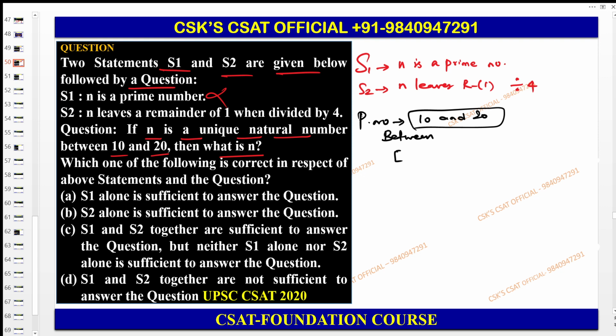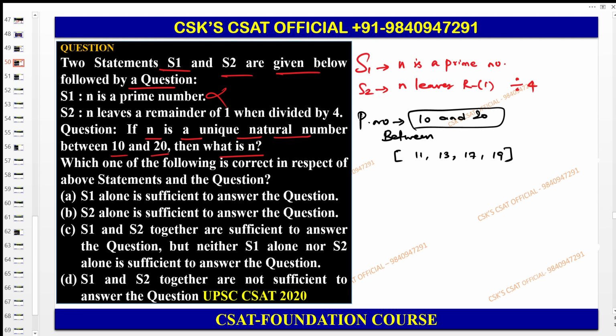So you can say 11, 13, 17, 19. With this, we cannot say anything. Unique means single, so we cannot say anything.